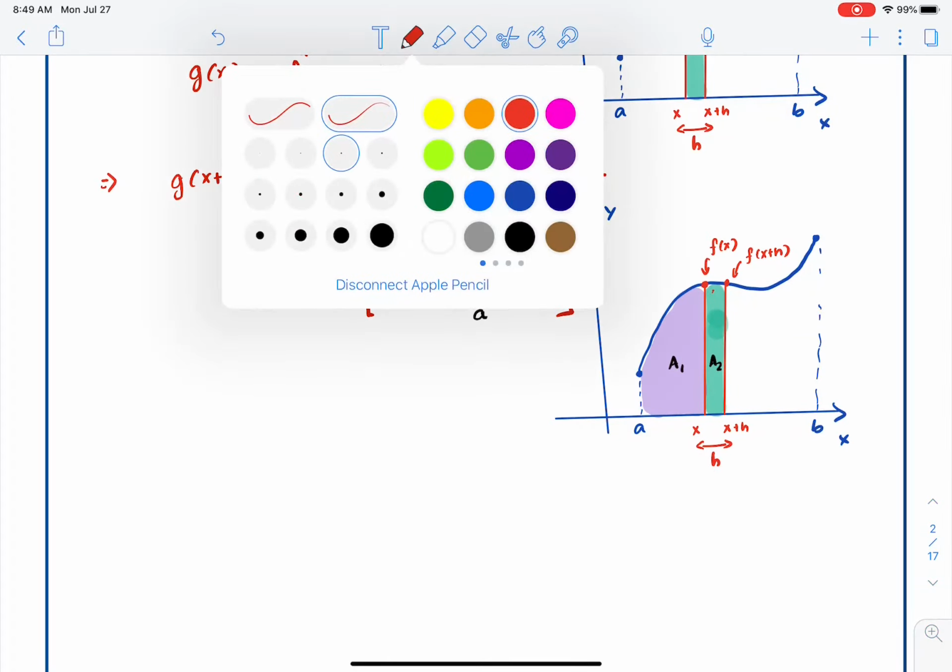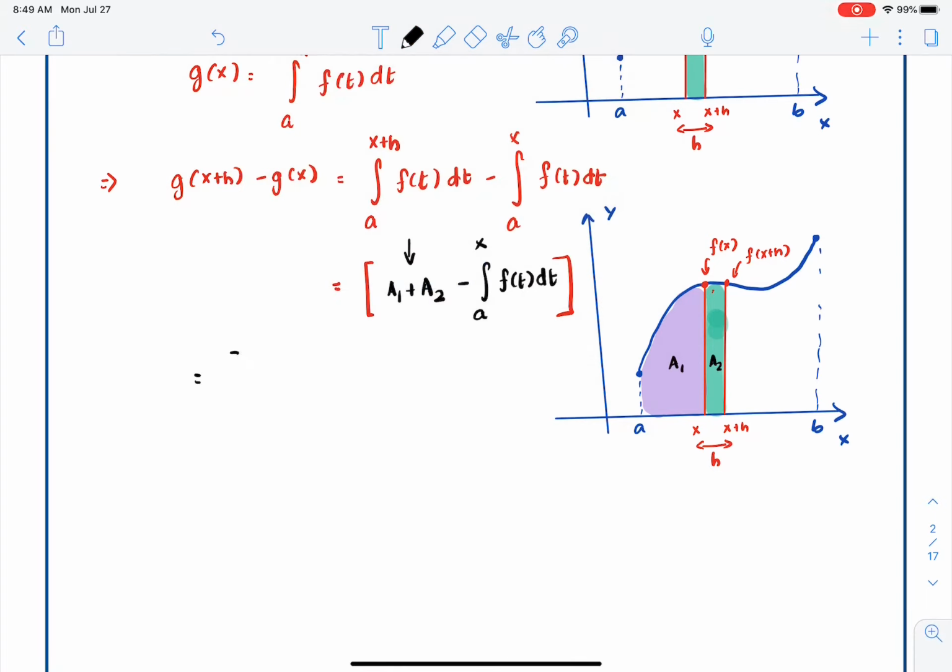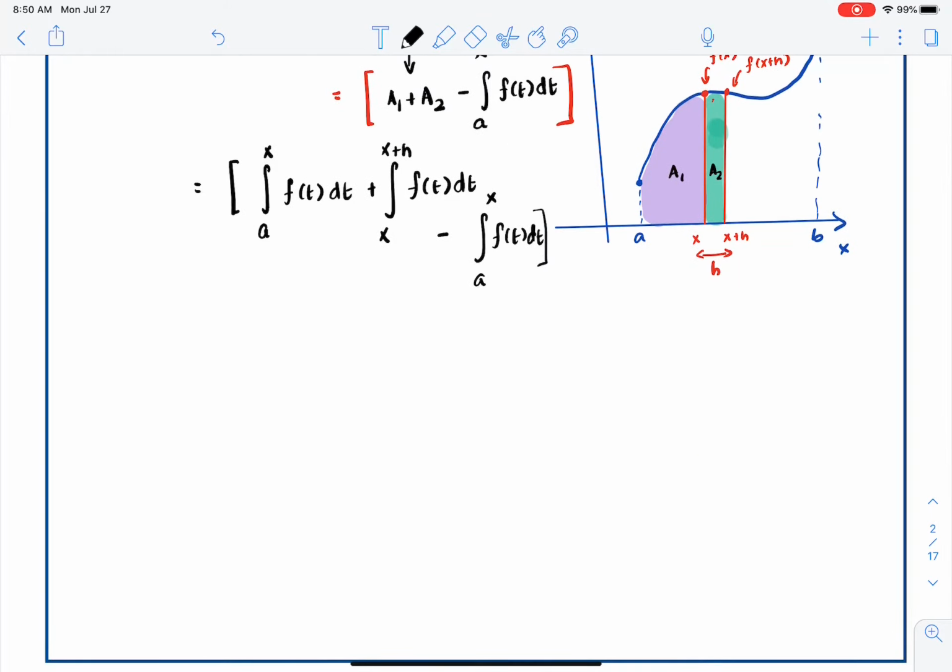So, what is A1? A1 is integral a to x f of t dt. A2 is integral x to x plus h f of t dt minus integral a to x f of t dt. The first and the last terms would get cancelled. I'd simply have integral x to x plus h f of t dt.